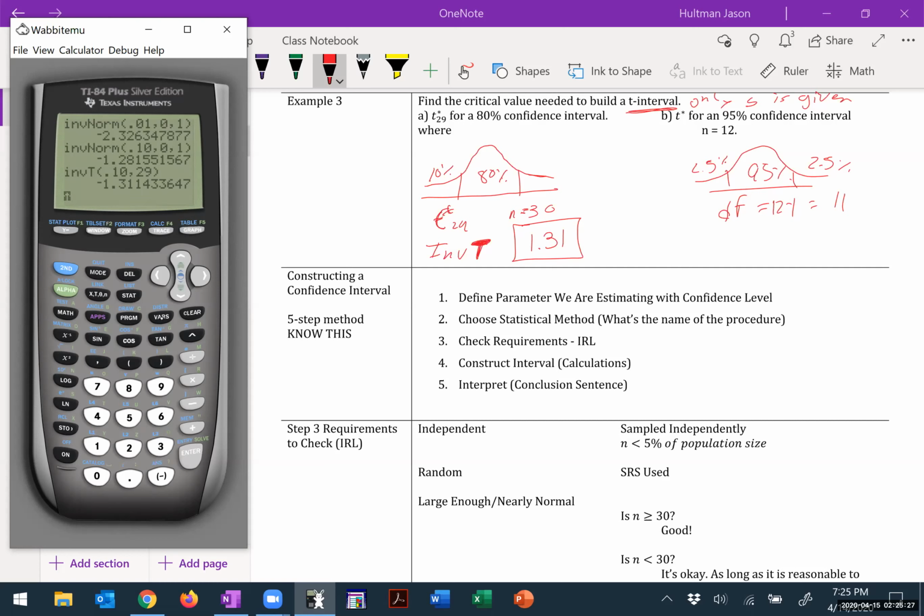Clear that out. Second bars, inverse t. What's the area? The area needs to be put in a decimal, 0.025. What's the degrees of freedom? The degrees of freedom is 11. Let's paste that. And it comes out to negative 2.2, basically. So this is 2.2.